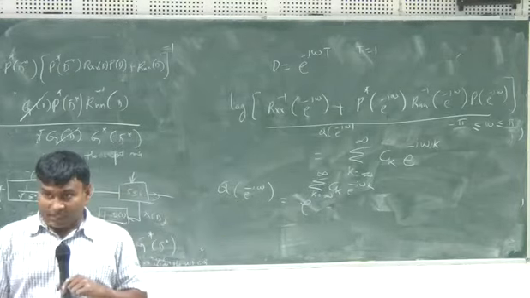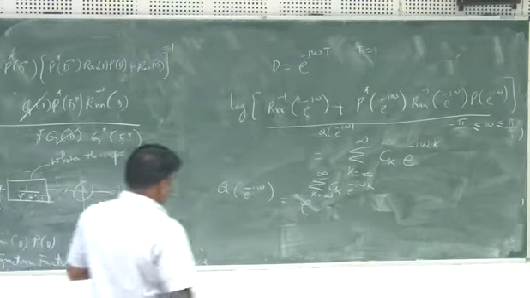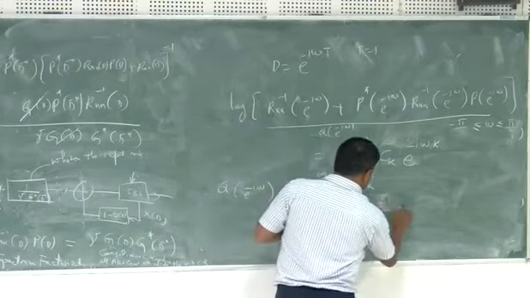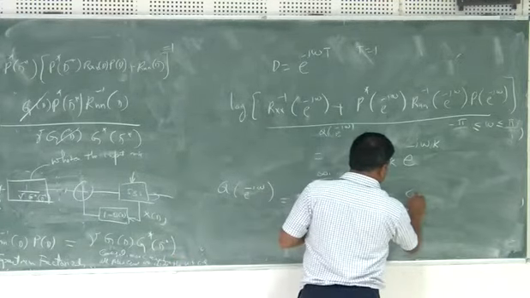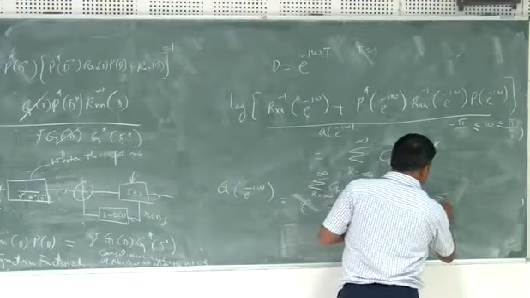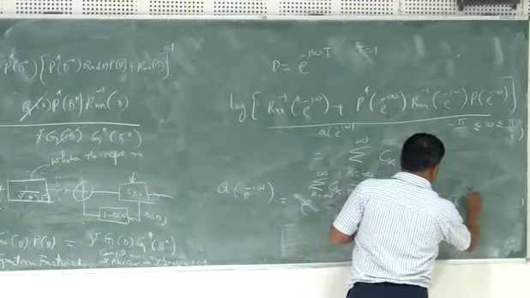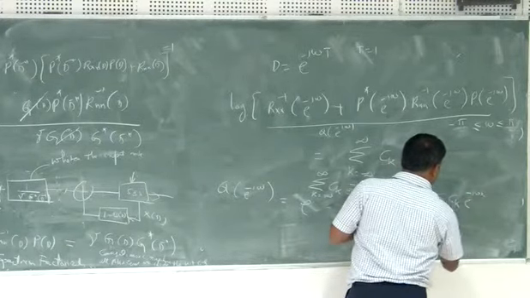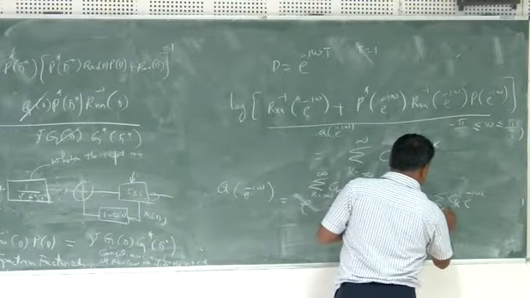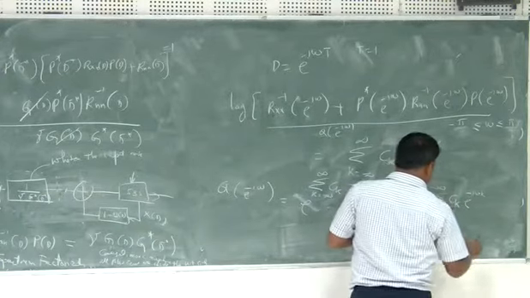Now we'll play a small trick here. We'll write this as e raised to the first term c0, times e raised to the summation of ck e to the power of minus j omega k, ranging from 1 to infinity.